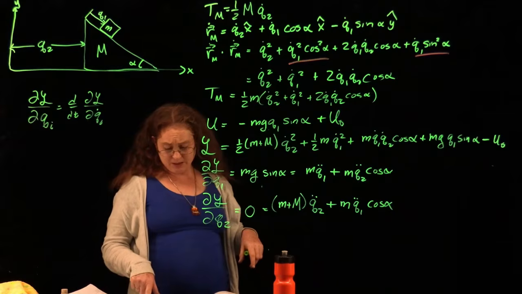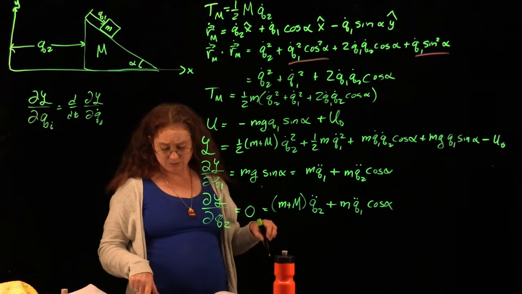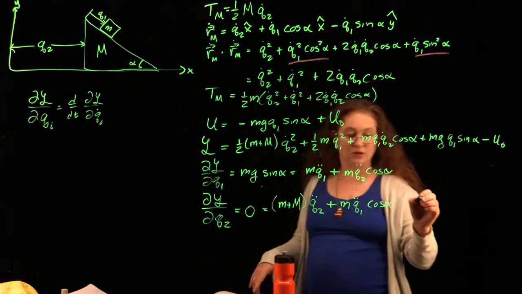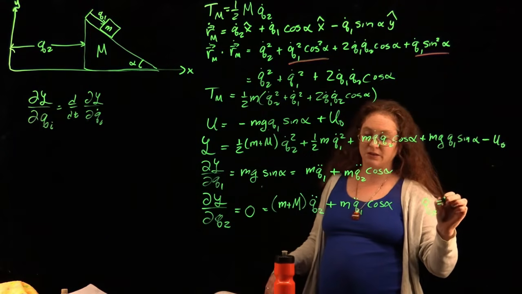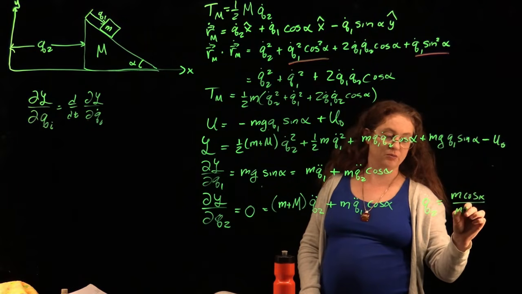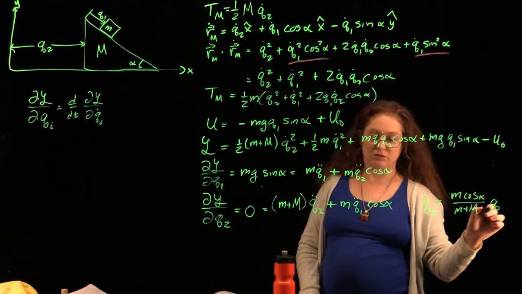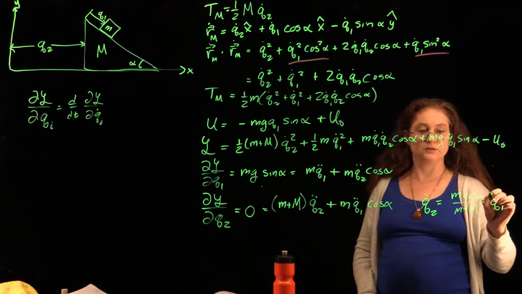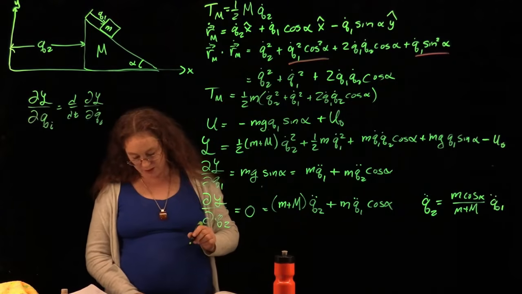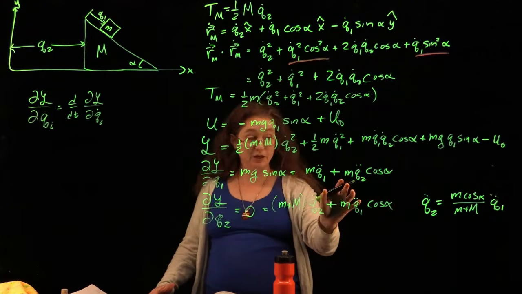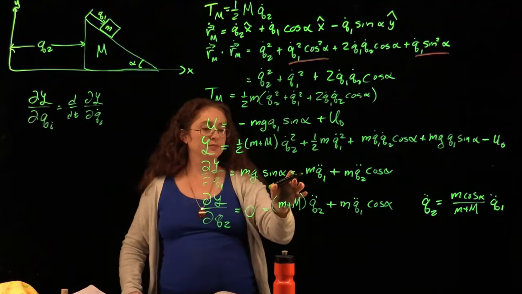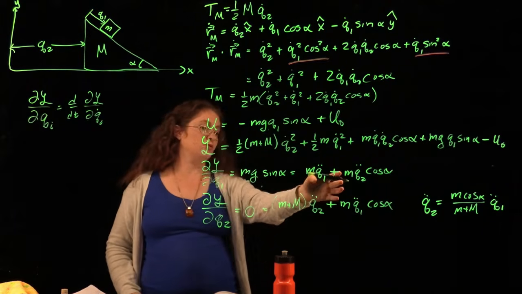All right, and this actually tells us that here we can take this one, we get q2 double dot equals m cosine alpha over M plus m q1 double dot, and that gives us something we can plug in here in order to solve for q1.